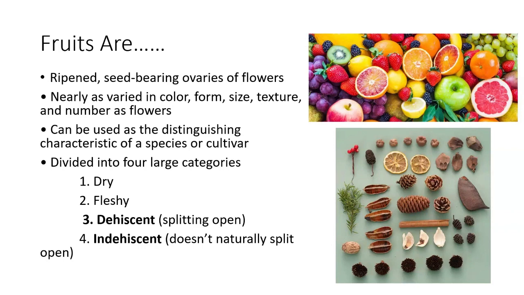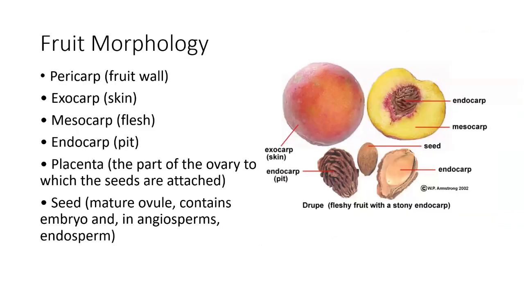Dehiscent means that they naturally will split open. I often think of a legume, where you'll see a natural split. Indehiscent means that they don't naturally split. Sometimes fruit doesn't naturally split, and you actually have to crush it. Think about the nut, or an acorn, that you have to crush.